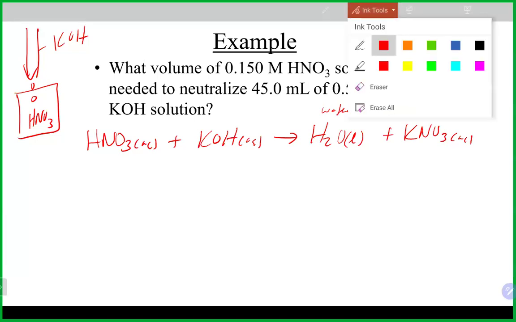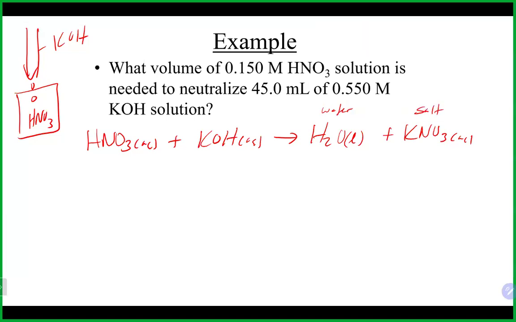Now once we have the equation, we could just think of it as a stoichiometry problem. So obviously I just balanced my equation. In this case, we're looking for the volume and we have the molarity. Here we have the volume and we have the molarity.